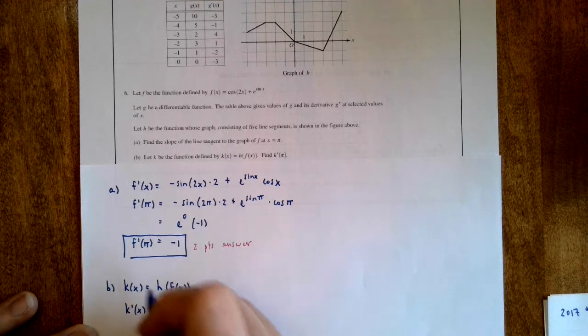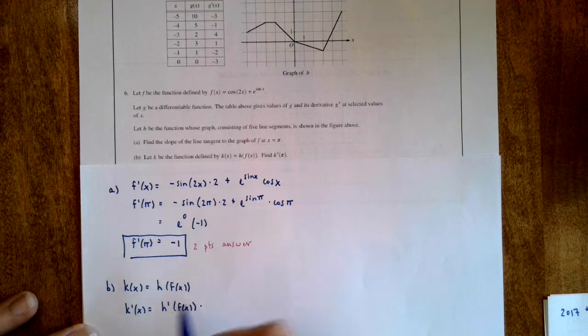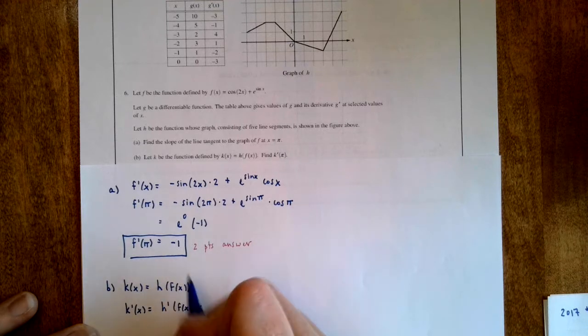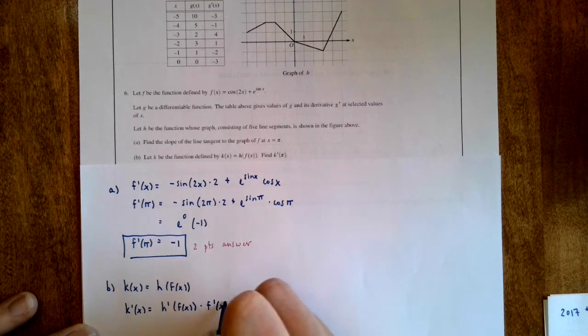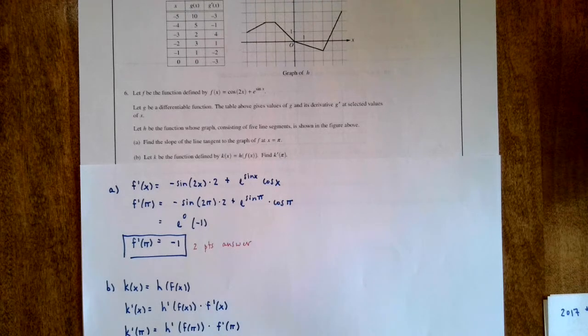I'm going to take the derivative of the outside first, so I have h prime of f of x, and then I multiply by the derivative of the inside, so times f prime of x. Now for k prime of pi, I substitute in pi, so I have h prime of f of pi times f prime of pi.